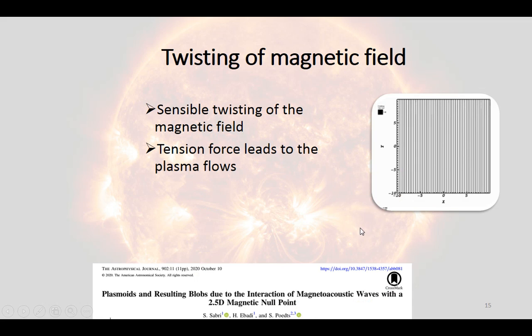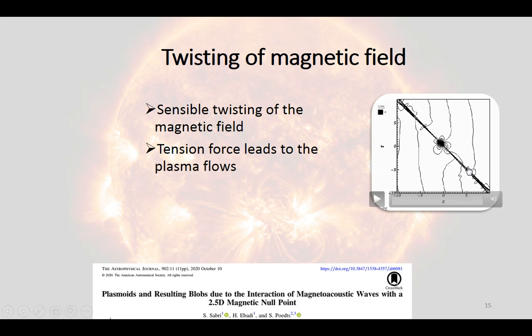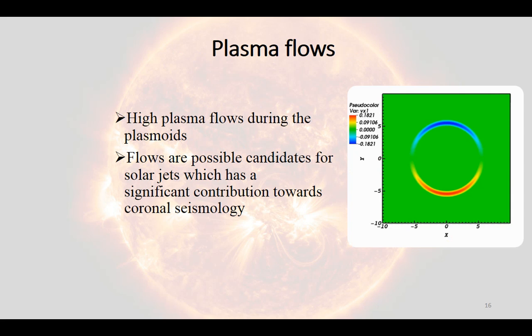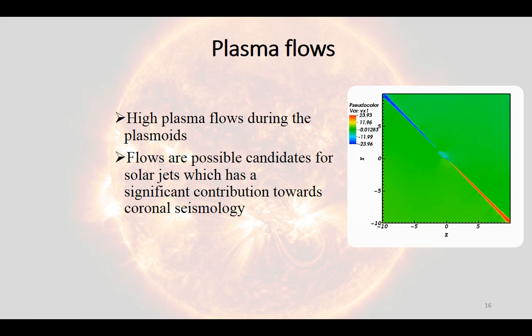And here we have a contour plot of the X component of the magnetic field, and it illustrates sensible twisting of the magnetic field. So it's expected that tension force could lead to significant plasma flows. And then here we have the plasma flow profiles. In fact, through the null point reconnection, plasma flows toward and outwards of the reconnection site are described as inflows and outflows.